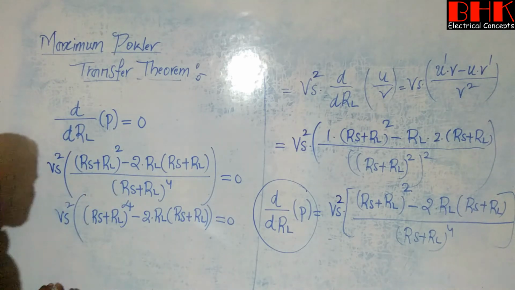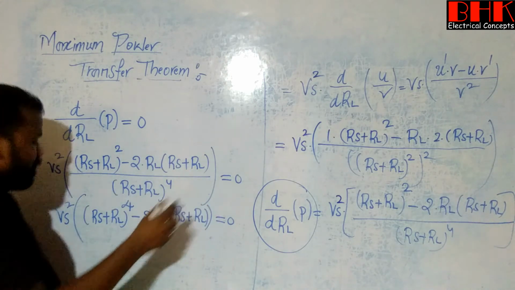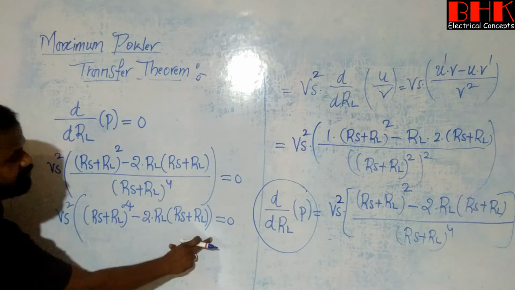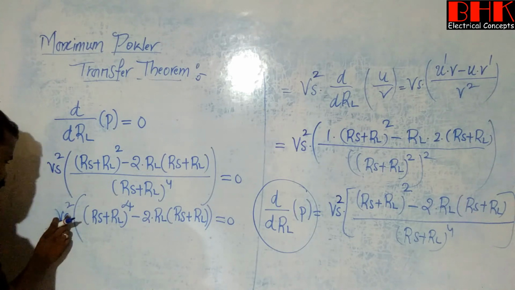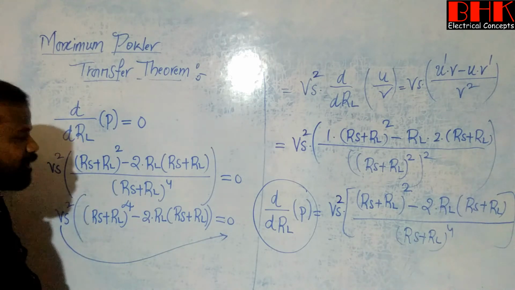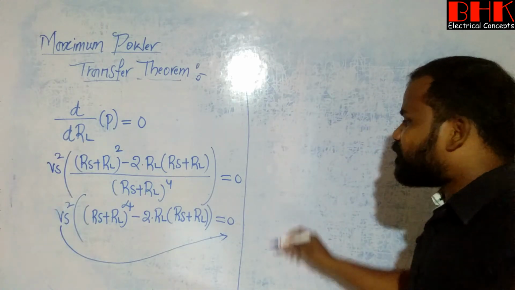Now again simplify. Actually we need to get the expression Rs is equal to RL. So again simplify here. Vs square is equal to this term. If I transfer this Vs to this side, then it is 0. Now go for the simplification. Now what is the next step here?